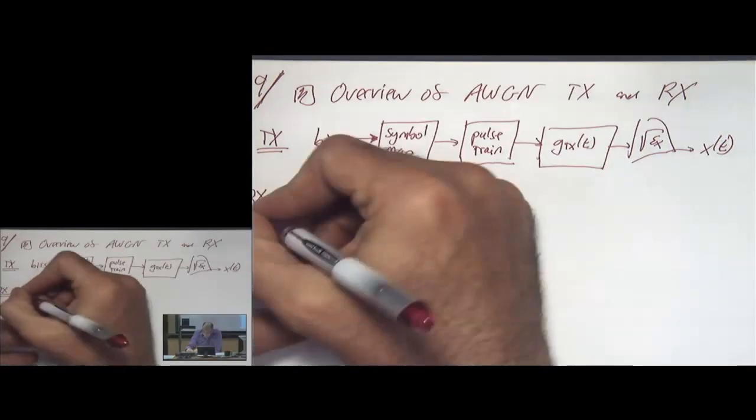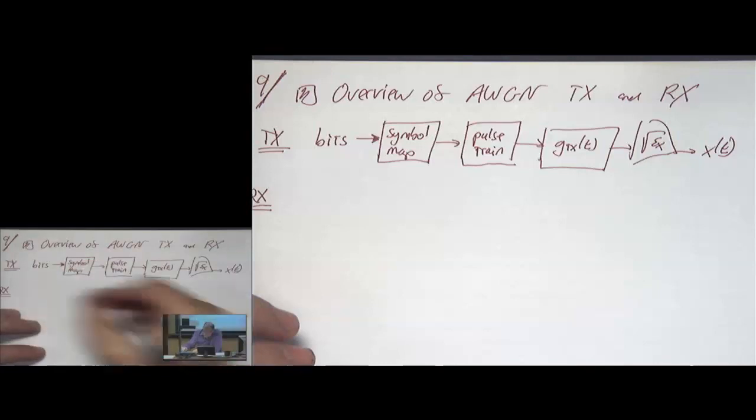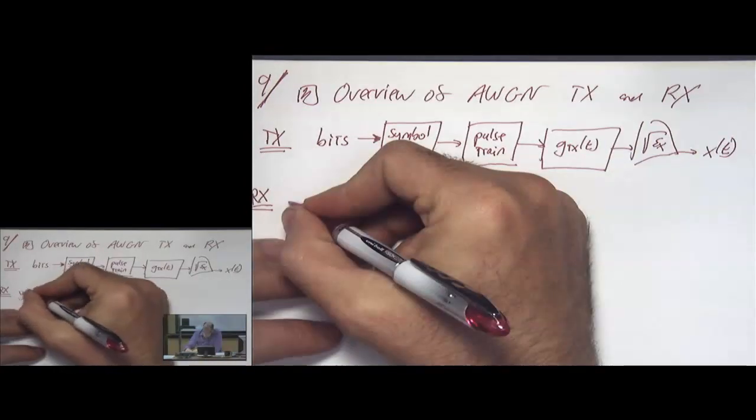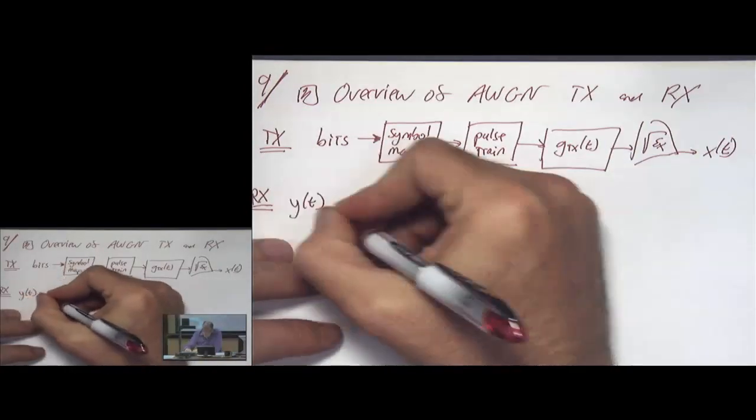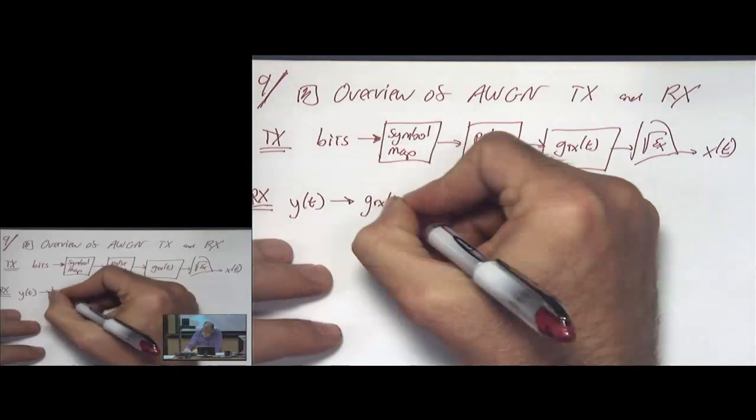Now, it turns out that the receiver structure has the following form here. So we're not going to derive the form from first principles, but we are going to derive the components of the form. So first of all, we're going to take our y of t. That's our signal that's been distorted by noise. We're going to take that y of t, and we are going to filter it by a filter that's called g_rx of t.